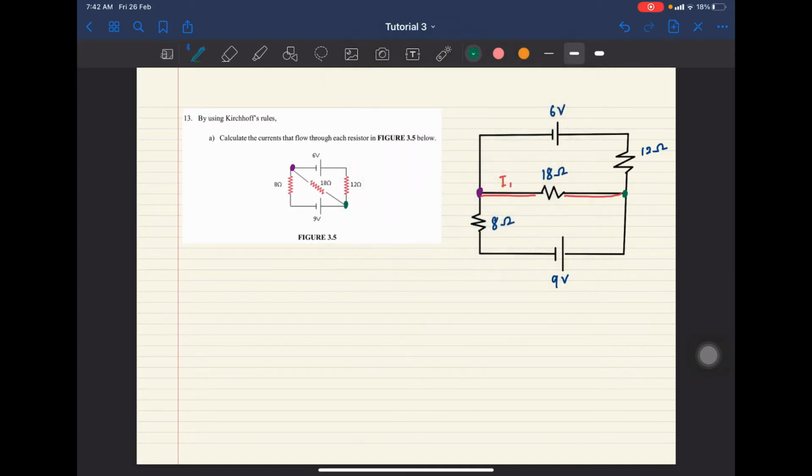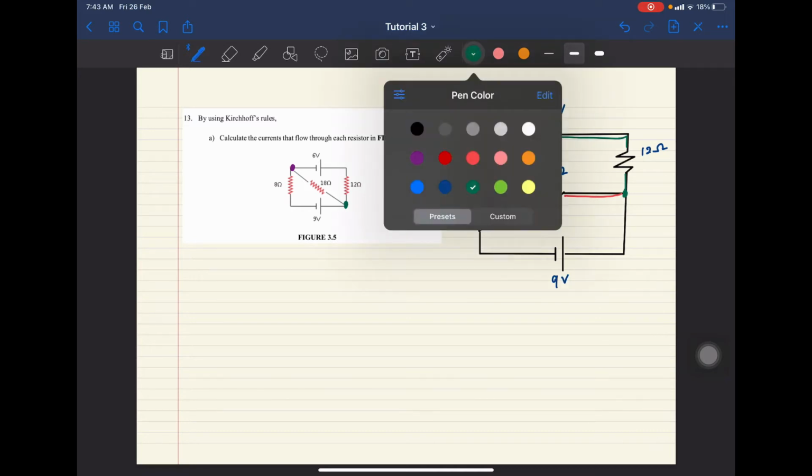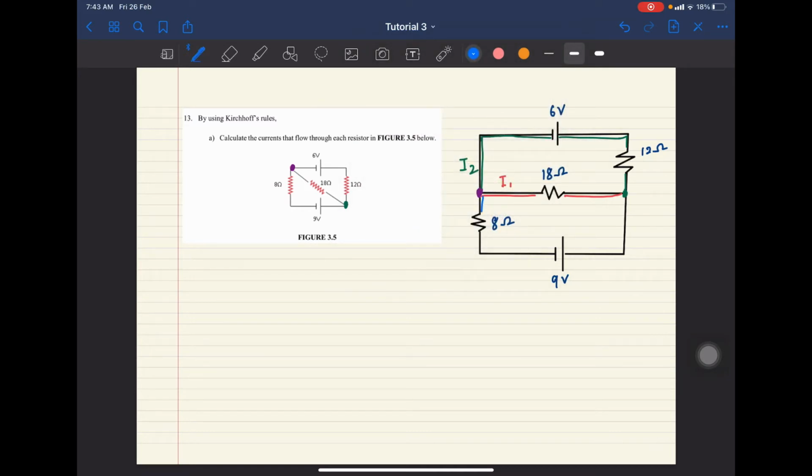I leave out the direction first. So this is my I2, and my I3, let's say it's this one. Since the question didn't give you any direction of I or any labeling of I, you can simply decide it yourself, it doesn't matter. So this is my I3.